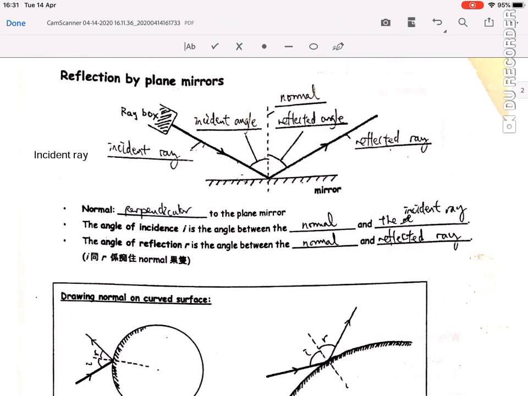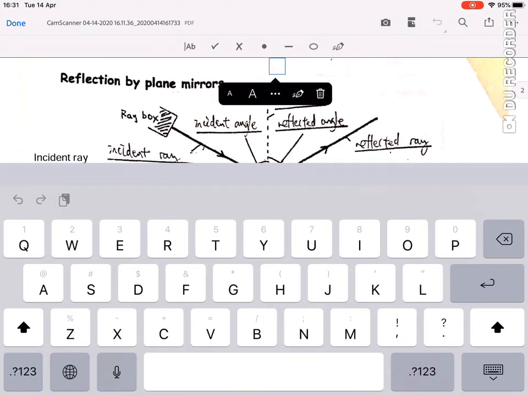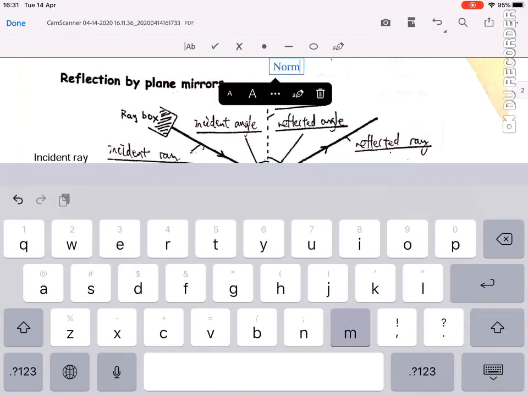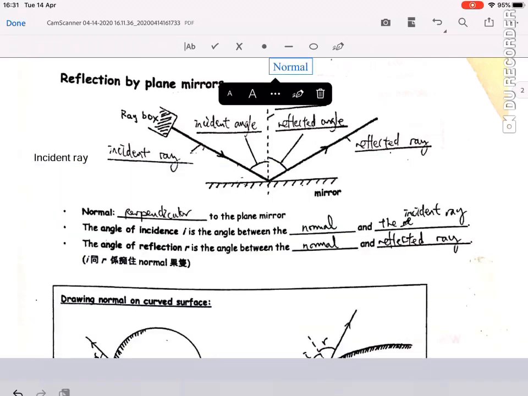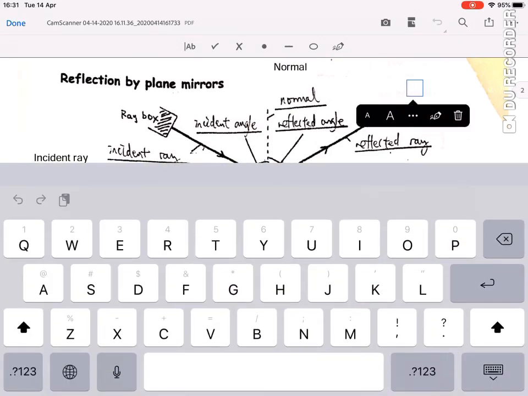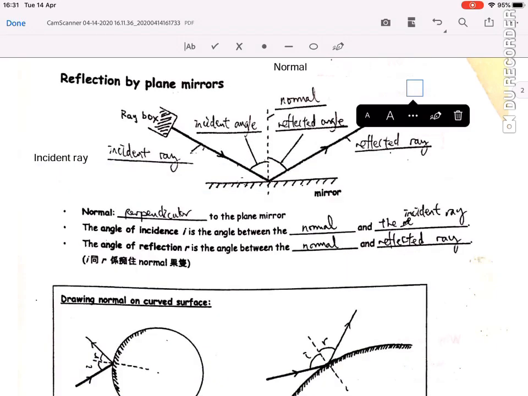Now, in here in the middle, you will see that there's a dotted line. And all of you by now should know it from Form 3, we call that the normal. Okay, so in here, the middle line, the dotted line, we call it normal.